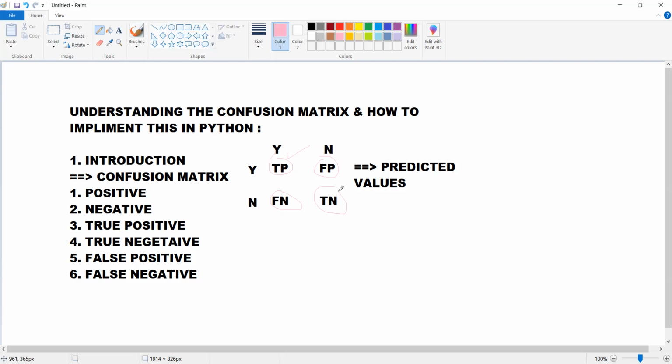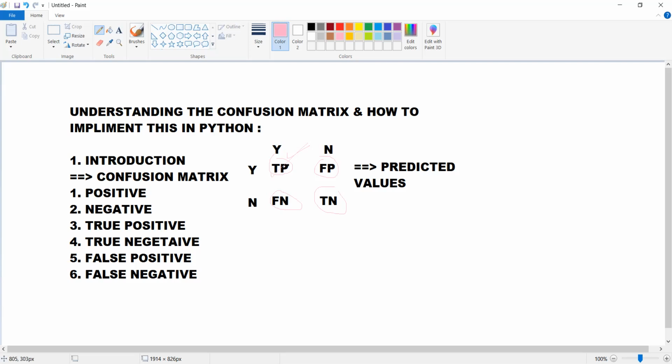If the observation is not positive, this is not a dog, for example, it is negative. True positive, TP. Outcomes where the model correctly predicts the positive class. This is called the true positive.